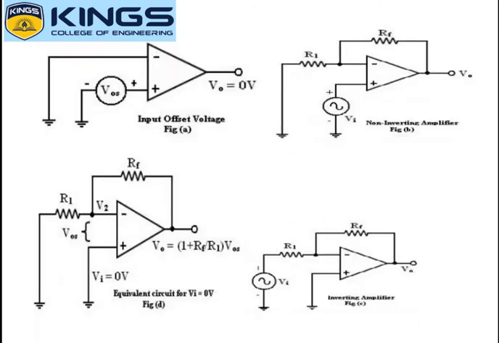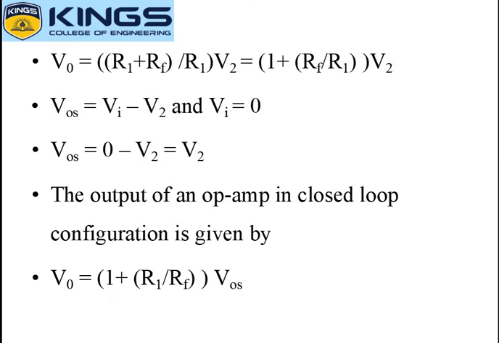This is the figure for the input offset voltage, right? So, the output V0 equal to R1 plus RF divided by R1 into V2, equal to 1 plus RF divided by R1 into V2.